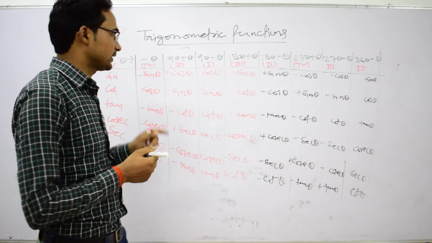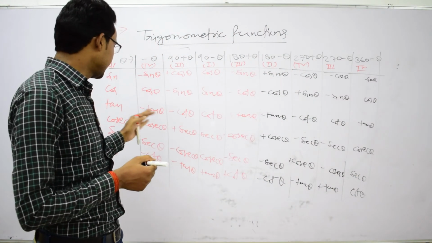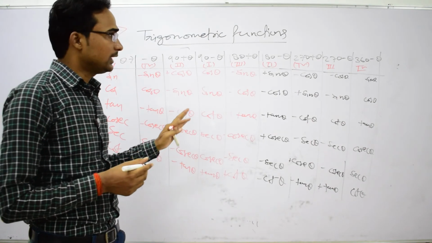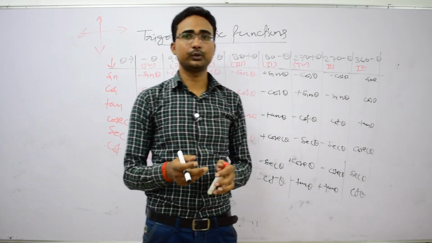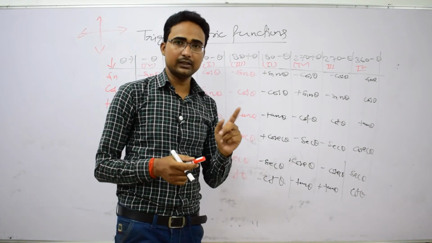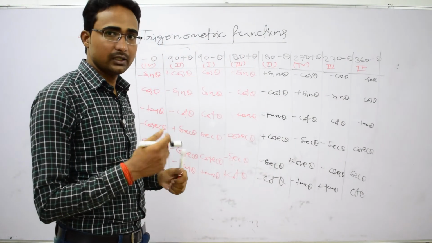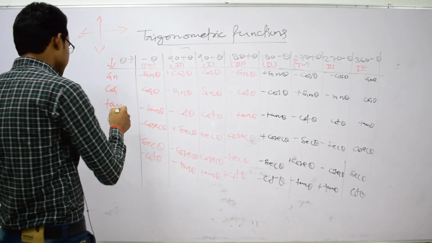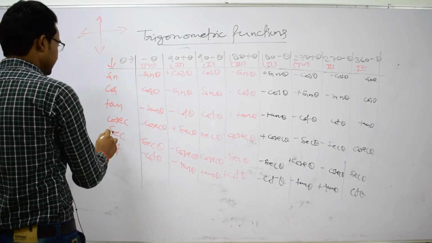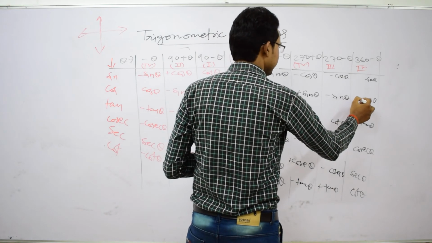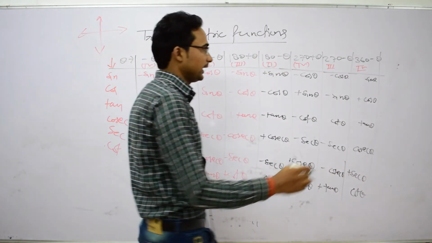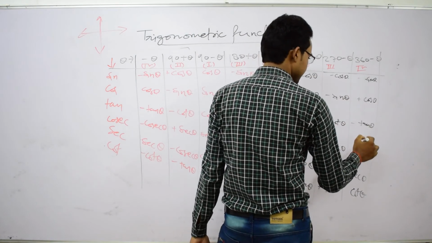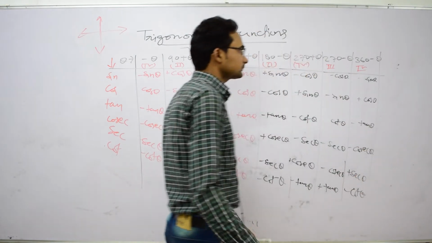After writing, in the case of sin, sin; cos, cos; tan, tan; cosec, cosec; sec, sec; cot, cot. Now, finally, we have to write the sign. In the case of 360 minus theta, it will be the fourth quadrant. In the fourth quadrant, only cos and sec will be positive, and the others will be negative. So cos and sec are positive, and the others are in negative form: minus, minus, minus, minus.